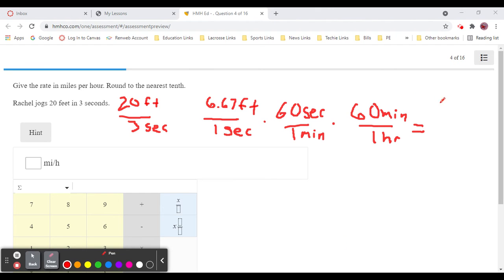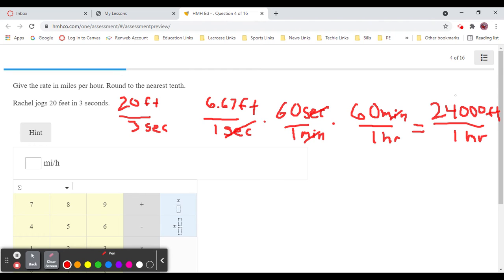So 24,000. 24,000 feet. Okay, yeah, 24,000 feet in 1 hour. Okay, because seconds canceled off, as did minutes. But I got to convert that to miles.